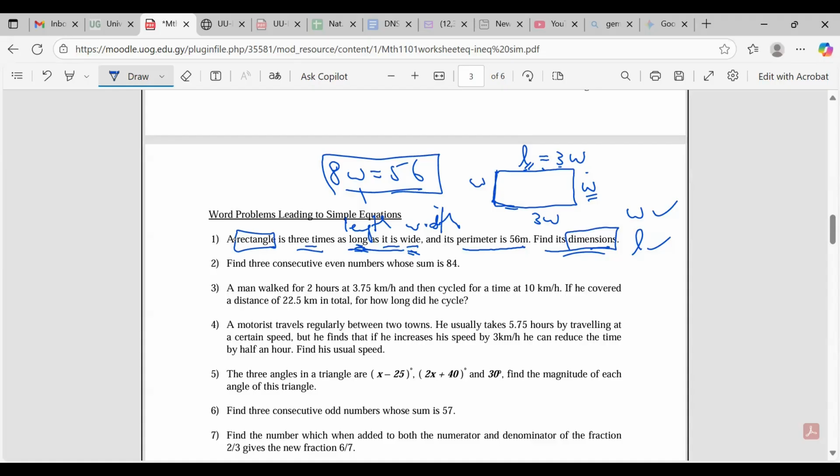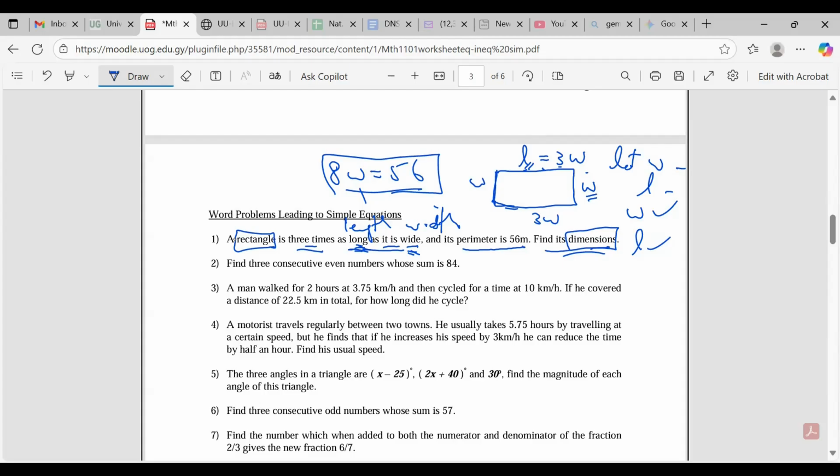And what you can probably do from the beginning, when you draw your diagram, you can say, let W represent the width of the rectangle. Let L represent the length of the rectangle. Sorry, what am I saying? Width of the rectangle and length of the rectangle, right?